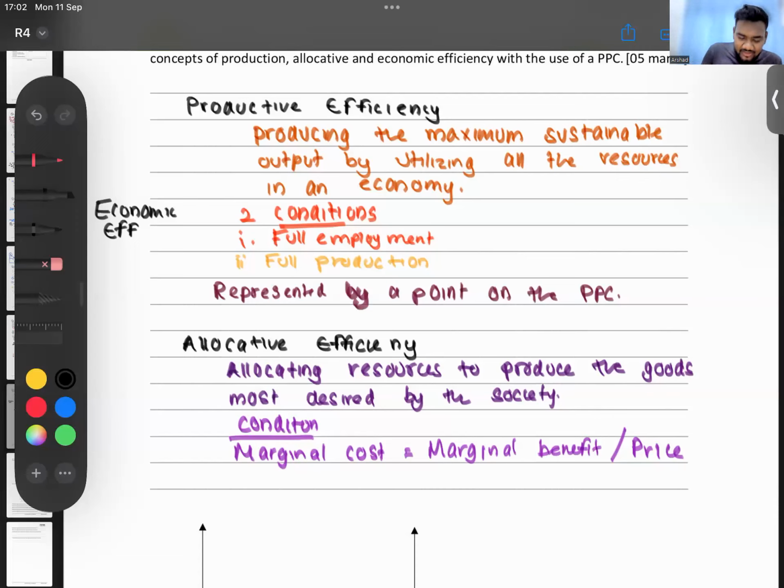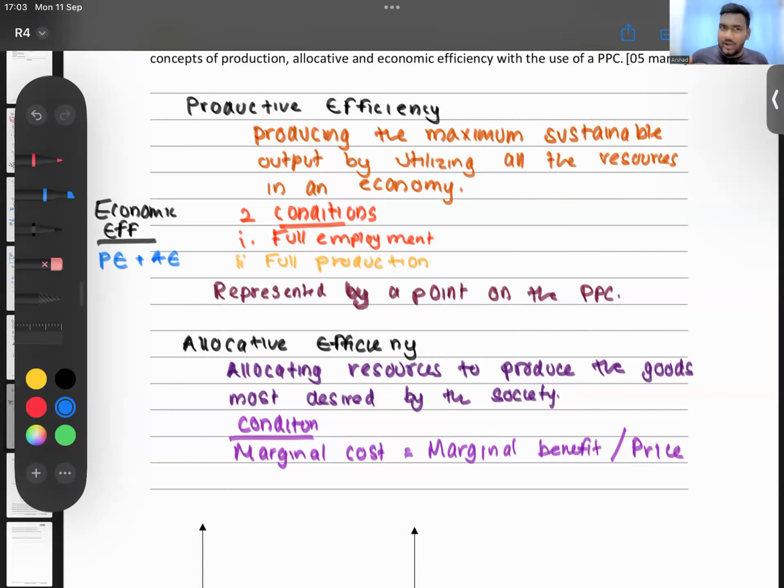So PE plus AE, productive efficiency and allocative efficiency put together, is economic efficiency. These main points have to be there in your answer.